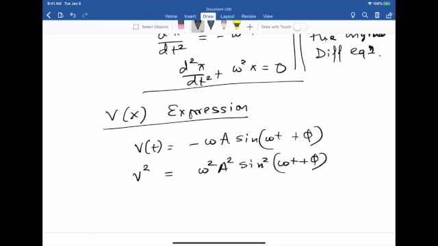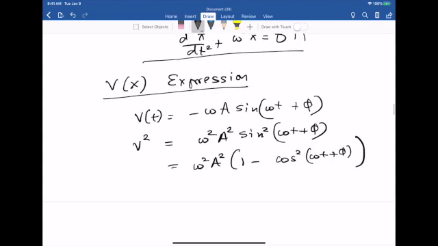Now I'm going to use the identity that sine squared plus cosine squared of anything is equal to 1, so I can write the sine squared as 1 minus cosine squared. So I can write this as omega squared a squared times (1 minus cosine squared(omega t plus phi)). And then v squared is equal to omega squared a squared minus omega squared a squared cosine squared(omega t plus phi).